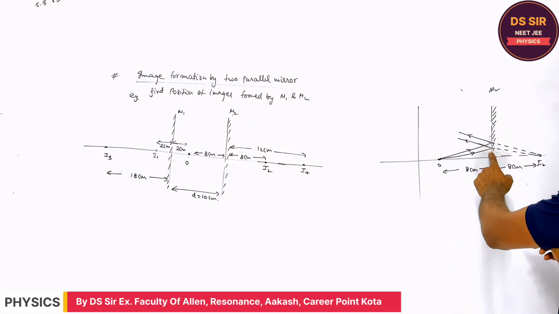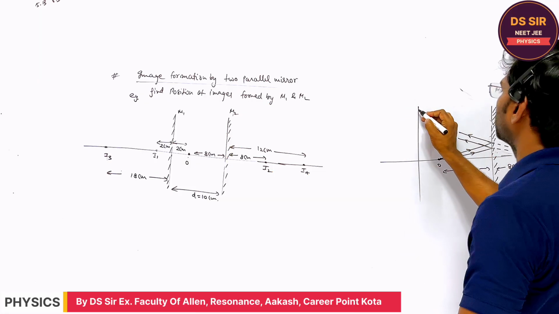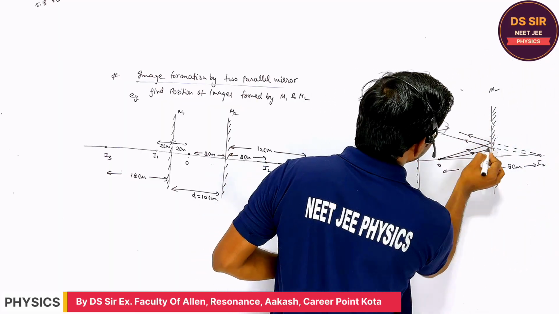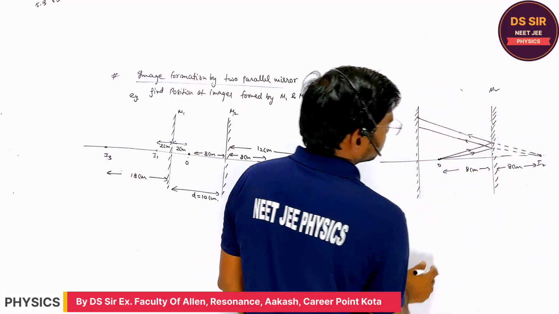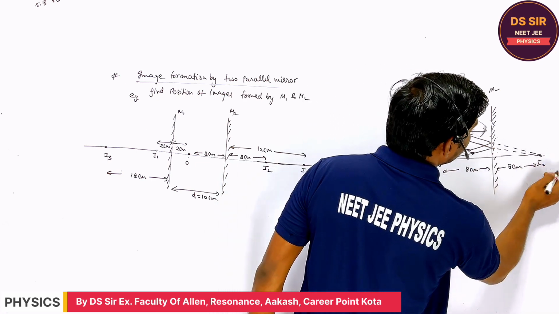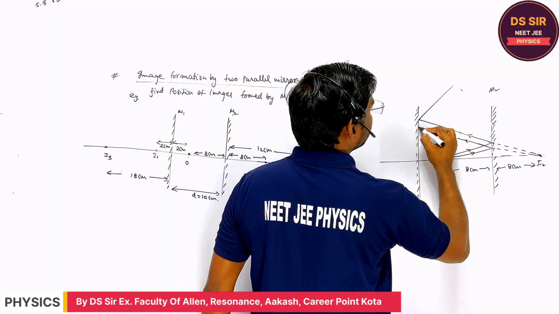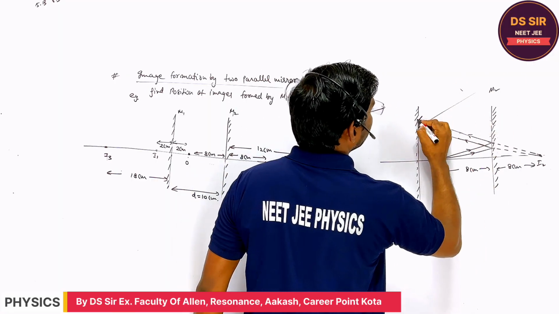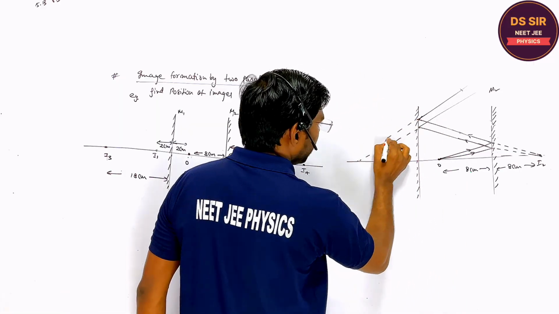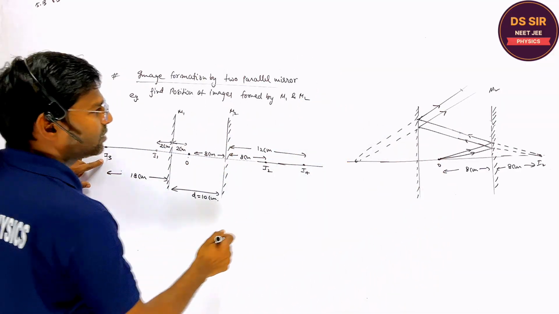Now after reflection, this image I2 acts as an object for this mirror, right? So when these rays are incident upon this, it looks like the light is coming from I2, you understand? And after reflection like this, the image is formed by the mirror M1 now, and this image is nothing but I3.